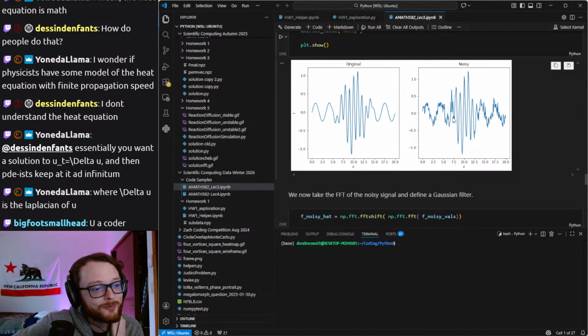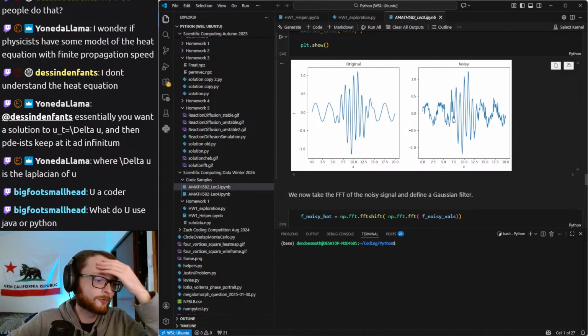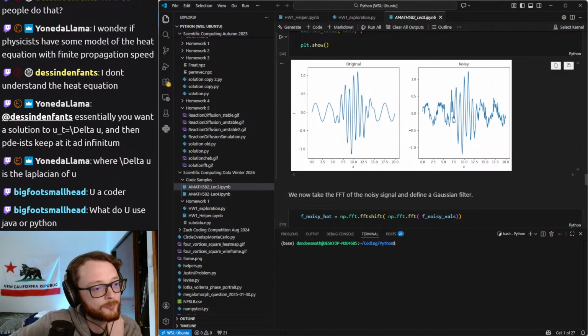Essentially you want a solution u_t equals Laplacian of u, then PDE is keep at it ad infinitum. I mean, I assume Destin knows what the heat equation looks like, but I assume there's a deeper question that Destin doesn't understand. Python. Welcome in.